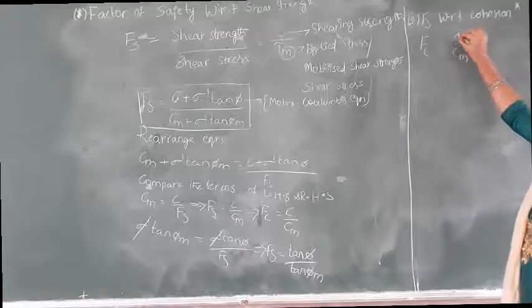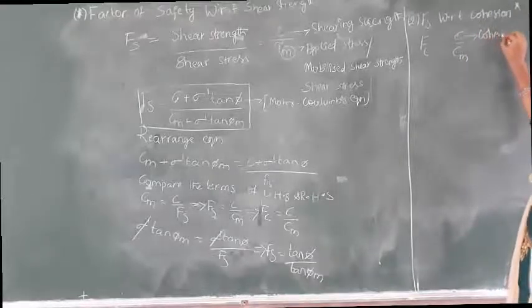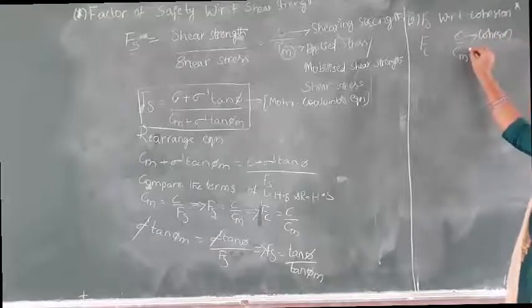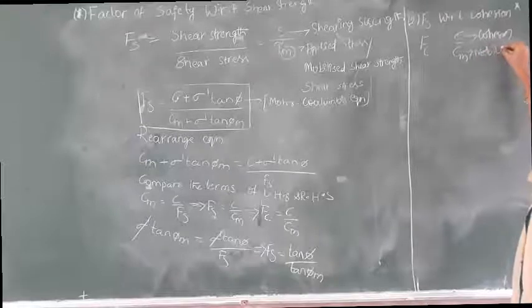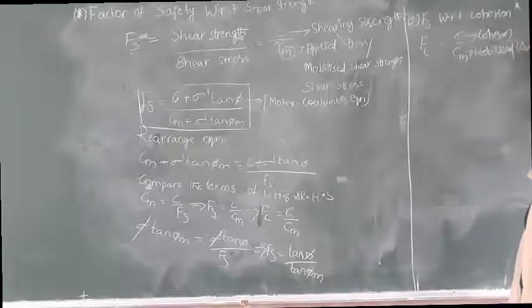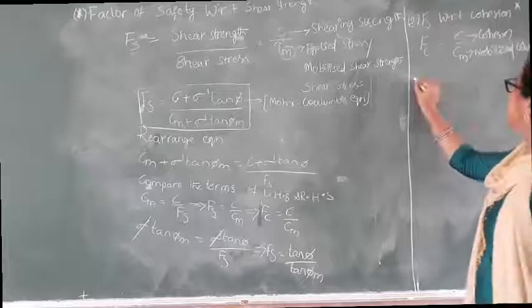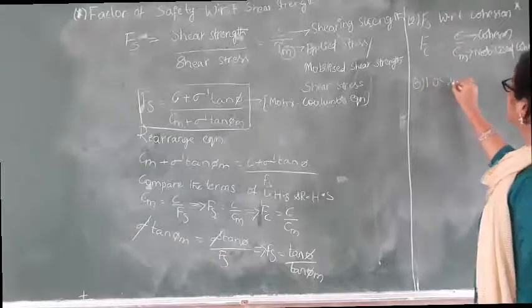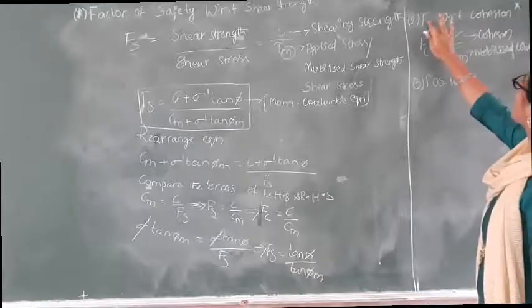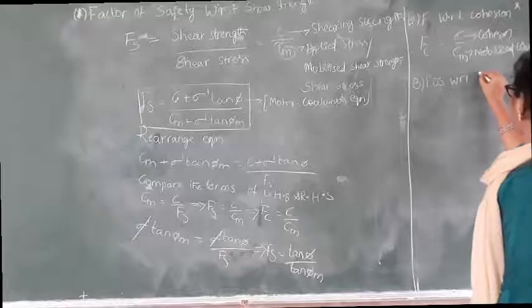What is C here? Cohesion. What is Cm here? Mobilized cohesion. And we define factor of safety with respect to friction.